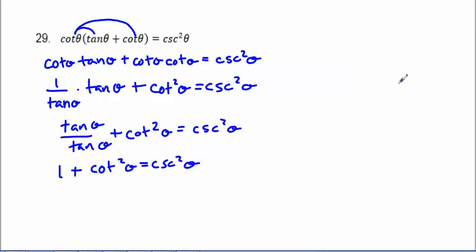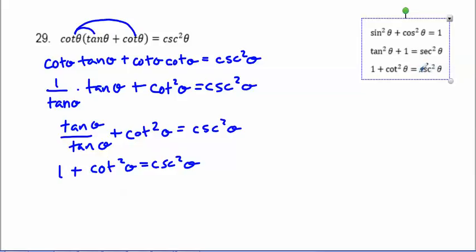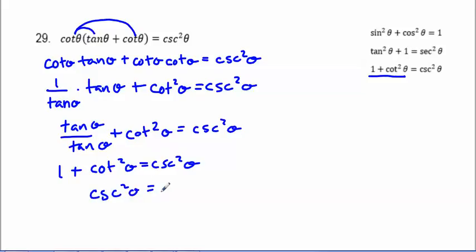And again, I'm wondering if maybe that's one of my Pythagoreans. So looking at the list, I see it's the last one. So 1 plus cotangent squared is the same as cosecant squared. So cosecant squared theta equals cosecant squared theta. Check.